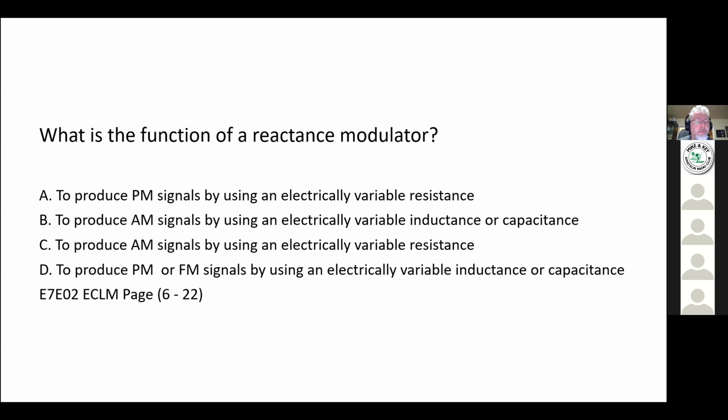Or D, to produce PM or FM signals by an electronically variable inductance or capacitance. Delta, the correct answer is delta, to produce PM or FM signals by using an electrically variable inductance or capacitance.